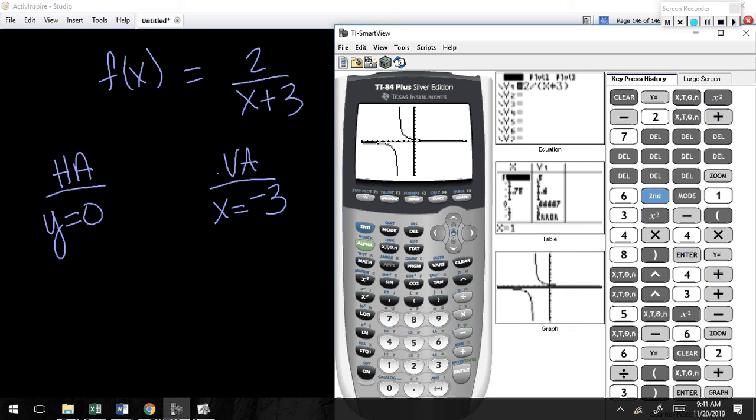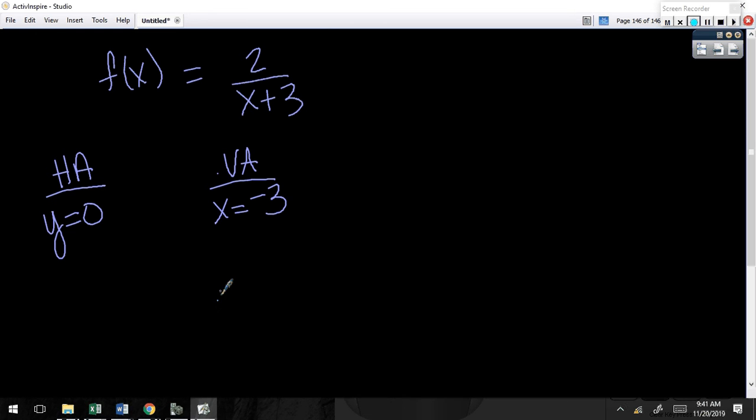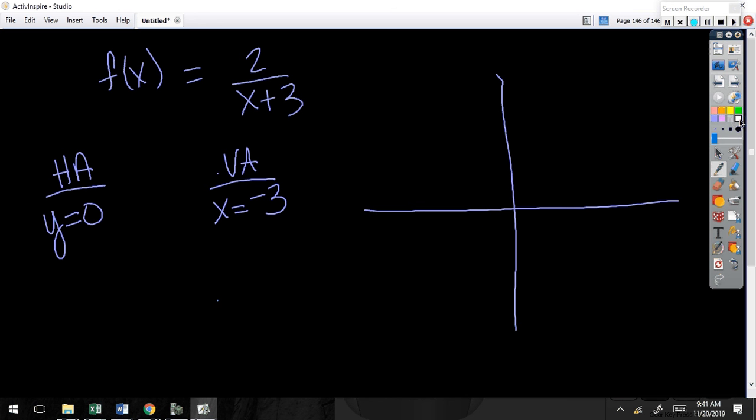Yes. Vertical asymptote at -3? Yes. Right? That confirms graphically. So I'm going to sketch a graph of it. It doesn't have to be exact, because remember, I'm talking about behavior here, right? So it's going to do something like this.